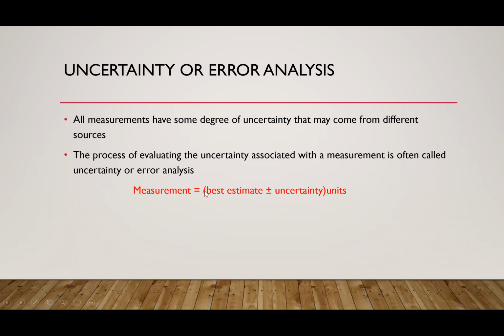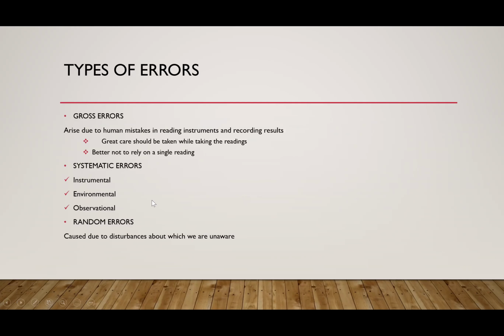So a measurement can actually be considered as the best estimate plus minus the uncertainty units. Okay, so now how many different types of errors are there? This is although very common, and you already know all this. We are just putting it into a formal note.